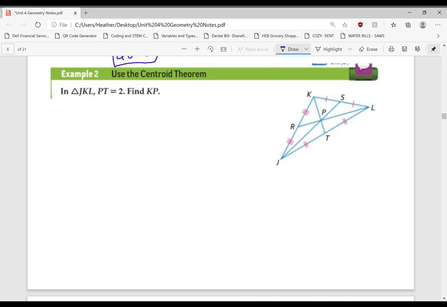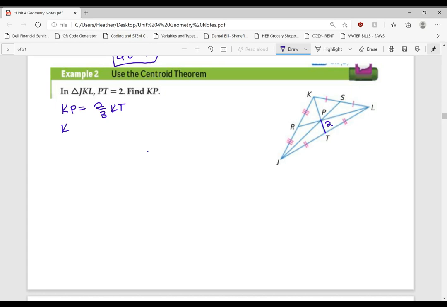Again, we're using the centroid theorem. It says in triangle JKL, PT, which is this section right here, is 2. Find KP. We know that KP is equal to 2/3 KT.